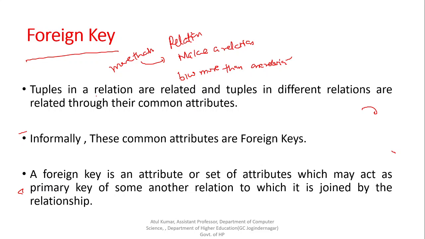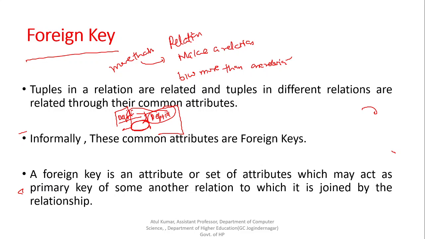a foreign key. There are some common attributes in different relations, and by these common attributes we make a relation between these two tables. Suppose the common attribute is department ID in the first relation, and in the second we also have department ID.